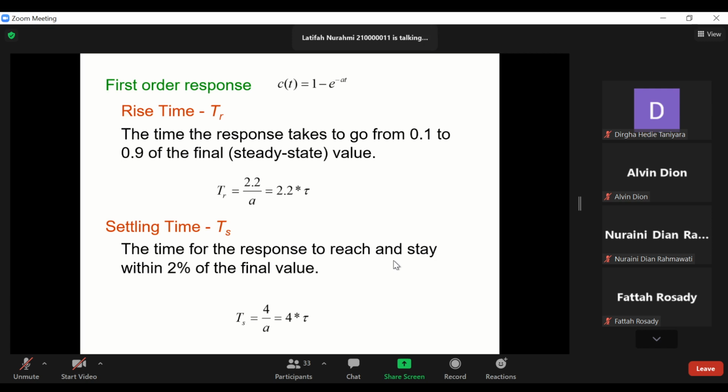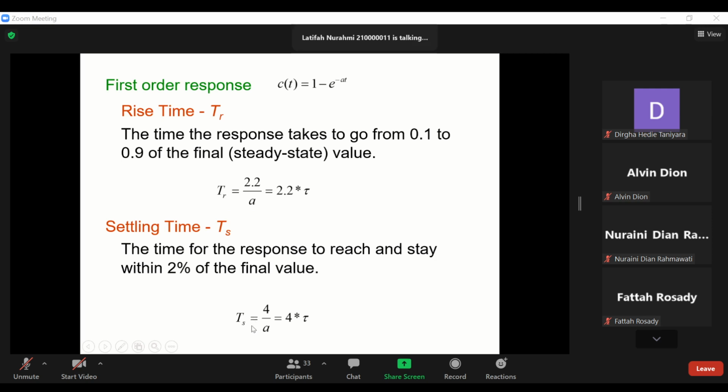Right, so the first order system is different than the second order. In the first order system, there are only a few properties. Few properties means mostly there are only rise time and settling time. We don't have other properties than this. And to find the rise time and settling time for the first order system, we can immediately use this equation.